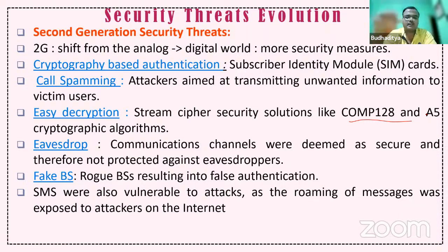Although these security features became very obsolete after a certain degree, at least it was better than 1G. And that is one of the reasons why 2G became so popular, especially in the Indian context. People still use 2G phones and GSM phones nowadays with absolute security. Another feature that came up with 2G was the subscriber identity module, or SIM cards, which are very readily available, and we don't take much pride in a SIM card.